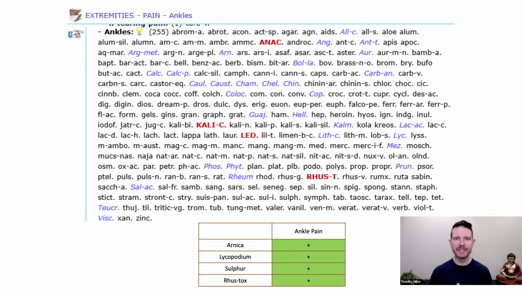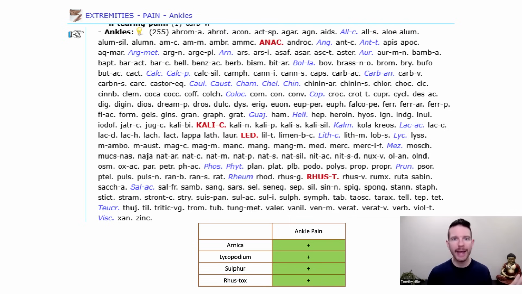A homeopath has this book. This book is called a repertory. Inside the repertory, we have all of these rubrics, okay? And rubrics are just symptoms. In this book, the rubrics are cataloged in a very linear fashion.